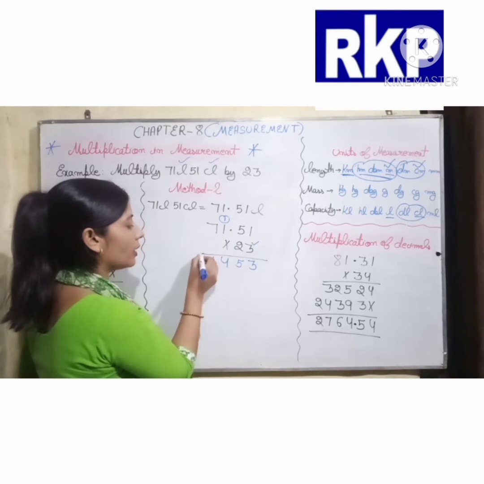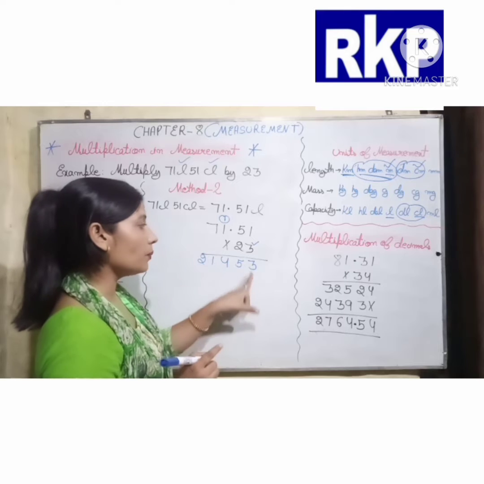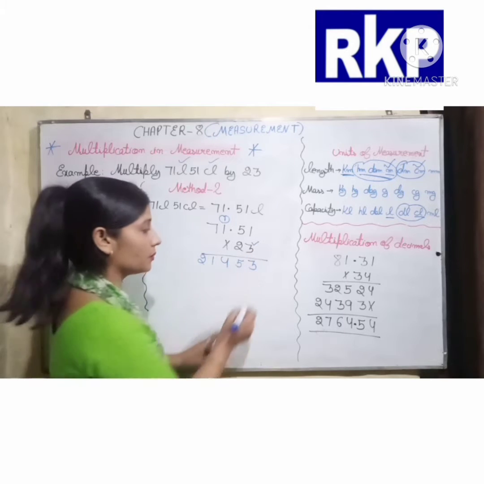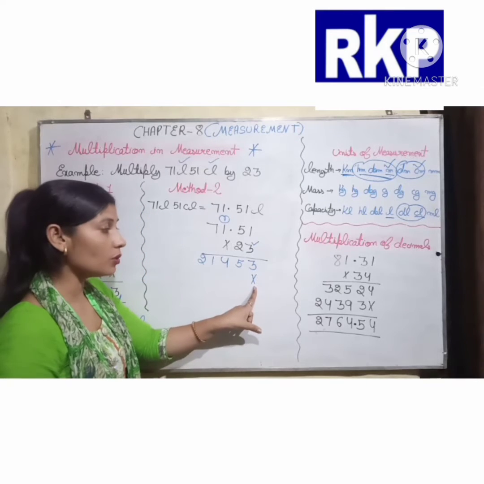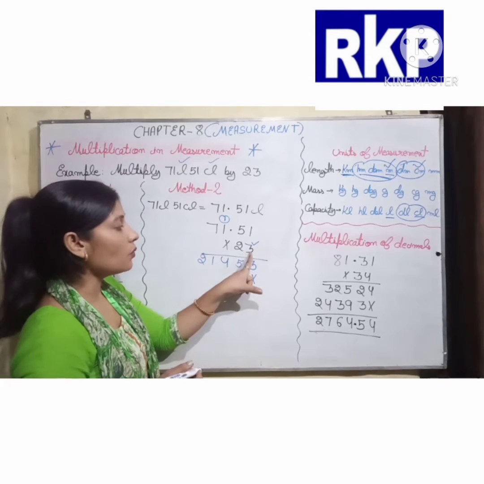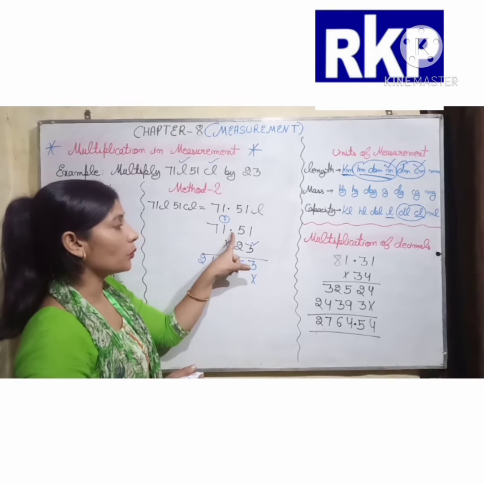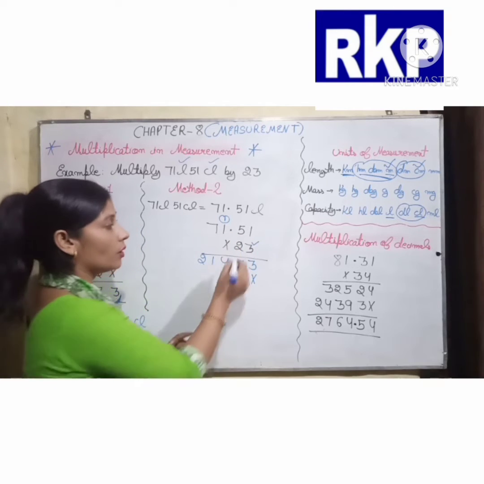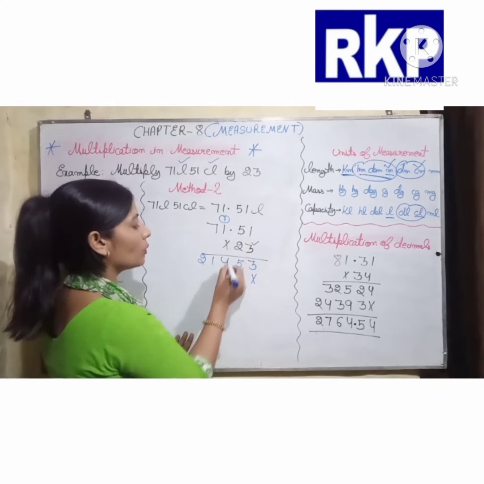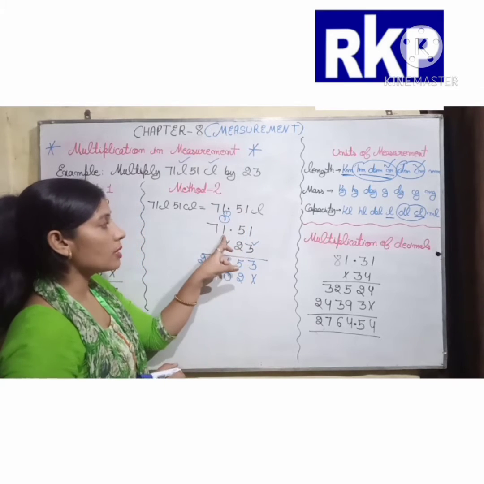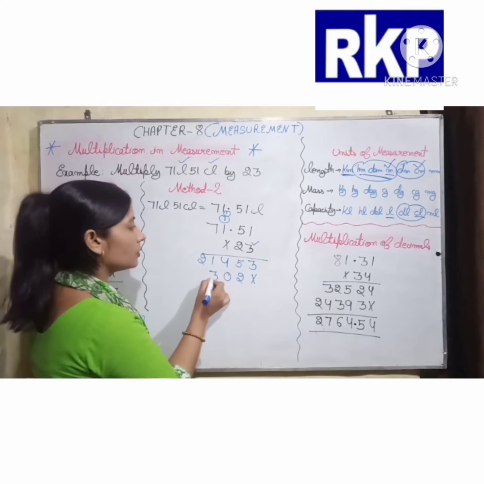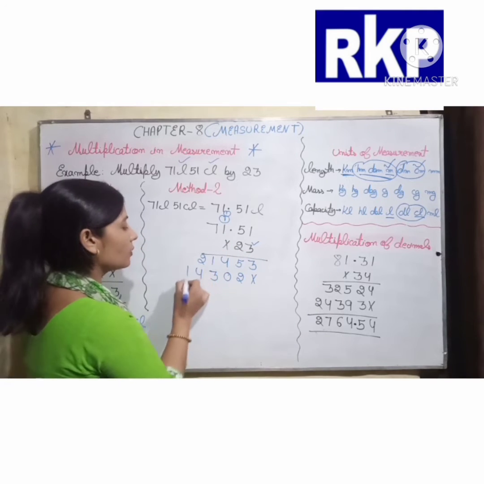3 sevens are 21. Now for this first digit, here we put a cross sign or you can put 0. Now we have to multiply 71.51 by 2. 2 ones are 2, 2 fives are 10, 1 will be carry, 2 ones are 2, 2 and 1 is 3, 2 sevens are 14.